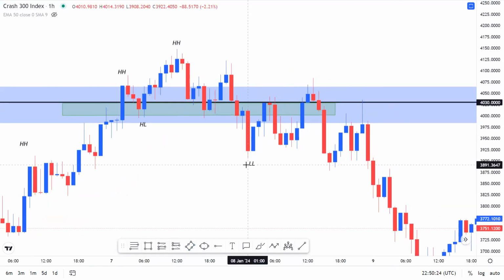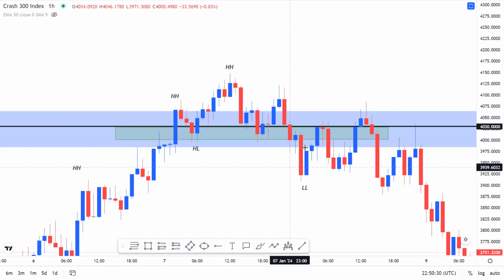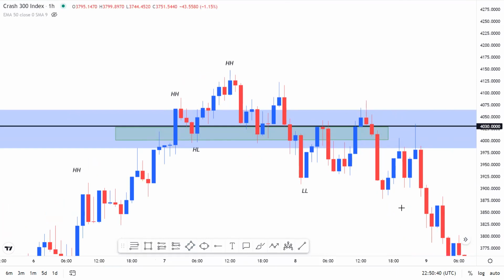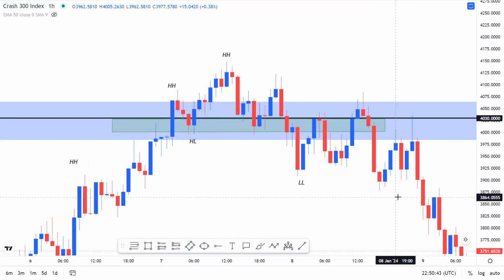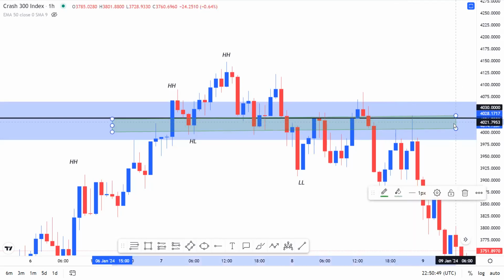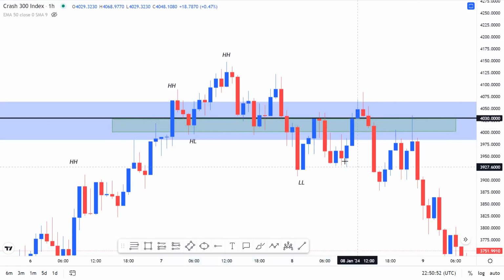So as soon as price created a lower low right about here, all I needed was for price to come and do a nice retracement, forming a potential lower high, where I was then looking for a perfect entry confirmation to go in for sales.